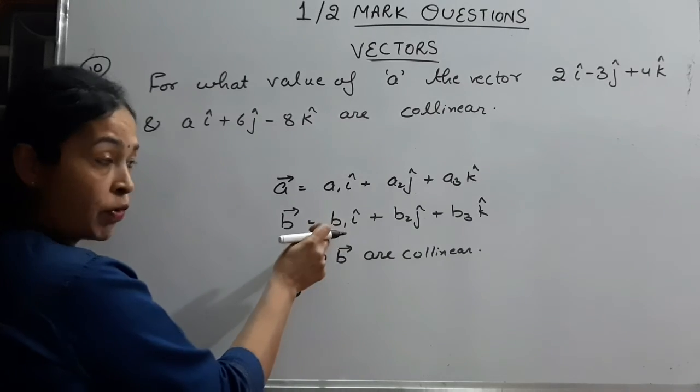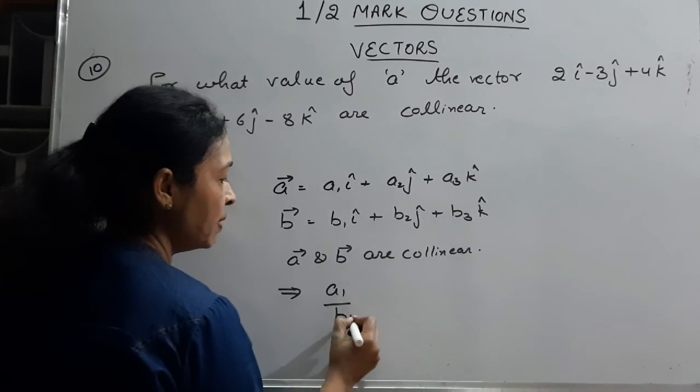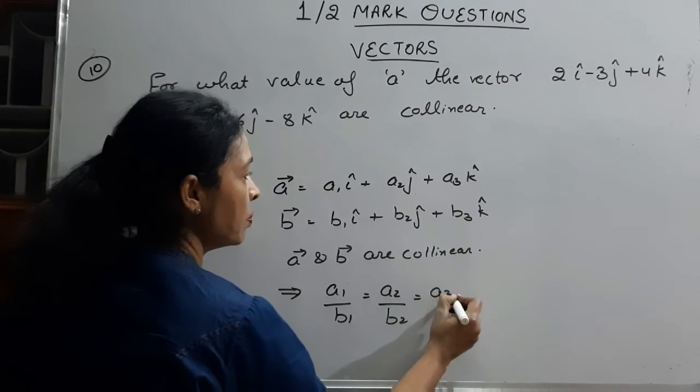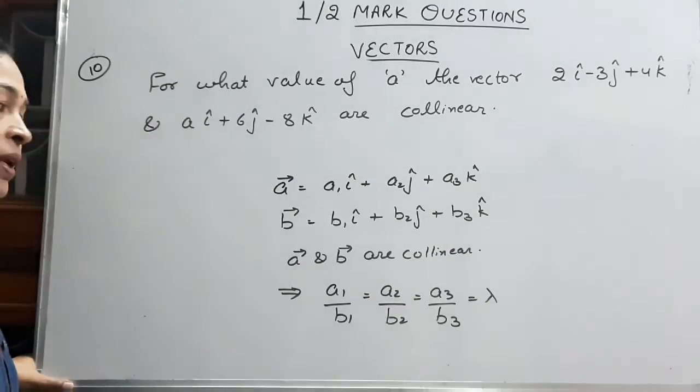This means the components of i cap, j cap, k cap are proportionate. a1 upon b1 equals a2 upon b2 equals a3 upon b3, which is equal to some scalar quantity lambda.